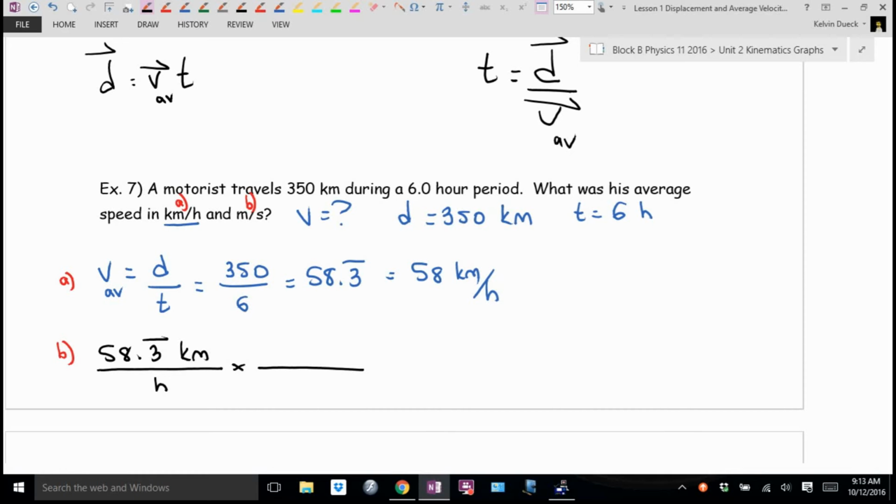Let's get rid of the kilometers first. Where is the kilometers in the original fraction, on the top or on the bottom? So I'm going to put it on the bottom, and I'd like to end up in meters. I replace the K with what? And that would do that.